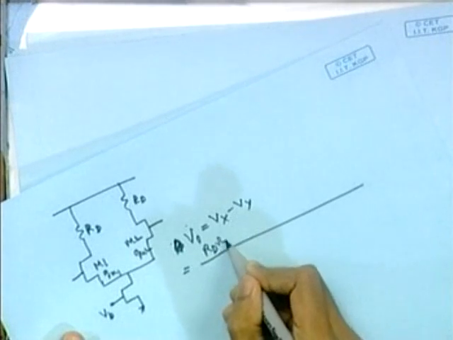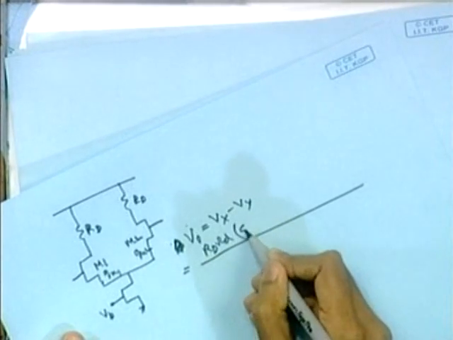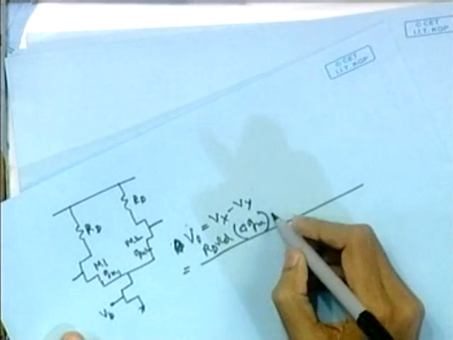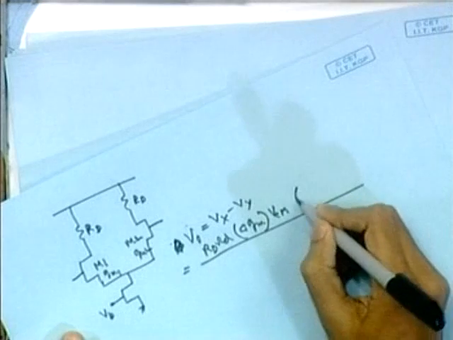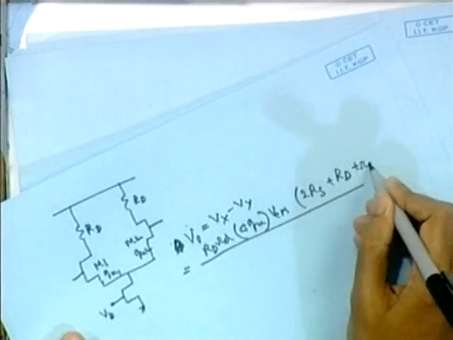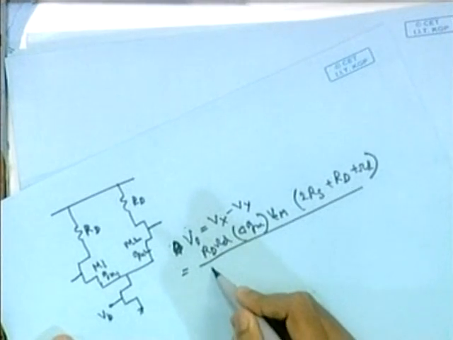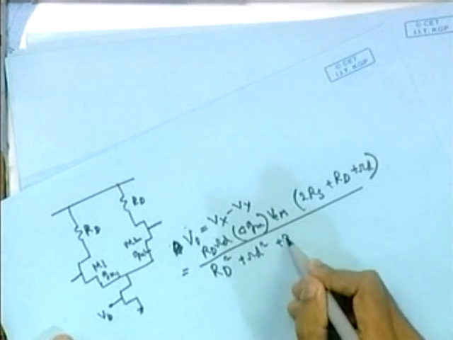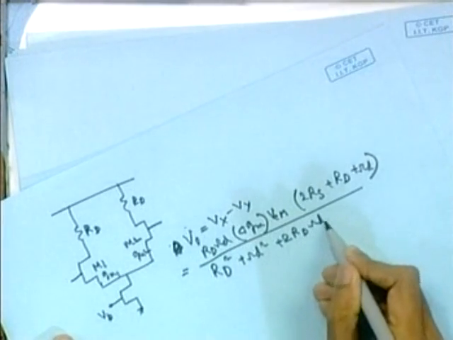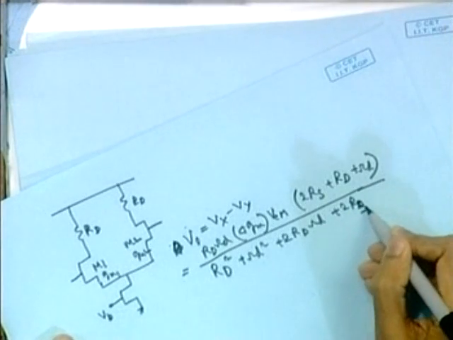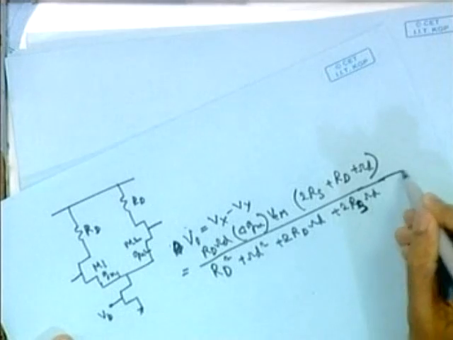Output is this one, RD delta GM, where delta GM means GM1 minus GM2, times VCM, over RS RD plus.